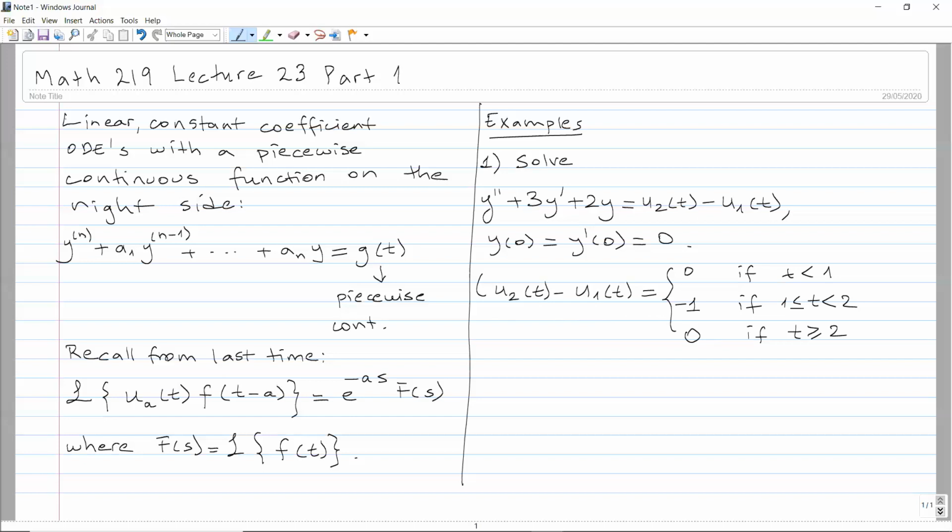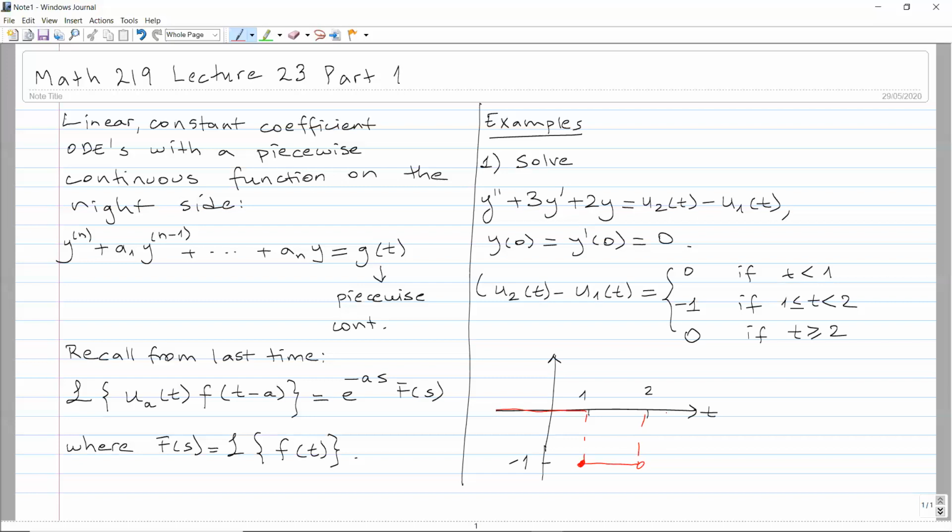So the function on the right side of this differential equation is piecewise continuous. For t between 1 and 2, including 1 but excluding 2, it takes the value minus 1. Otherwise, it is 0.